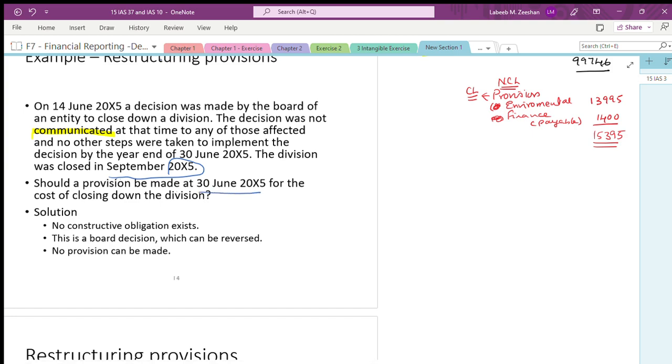If there is no communication, there is no constructive obligation. What happened? The decision was made by whom? The decision was made by the board of the entity. The board has the option to reverse their decision.